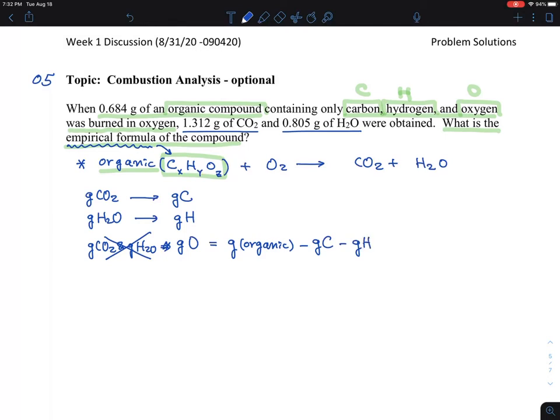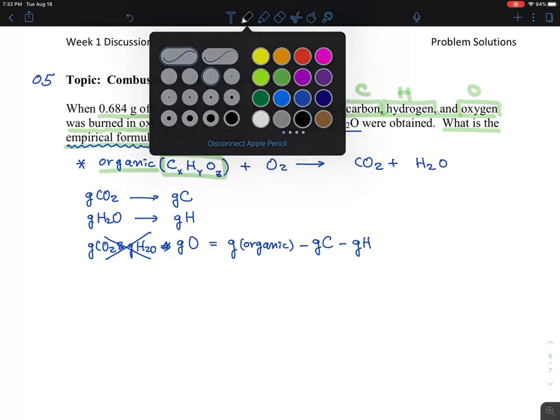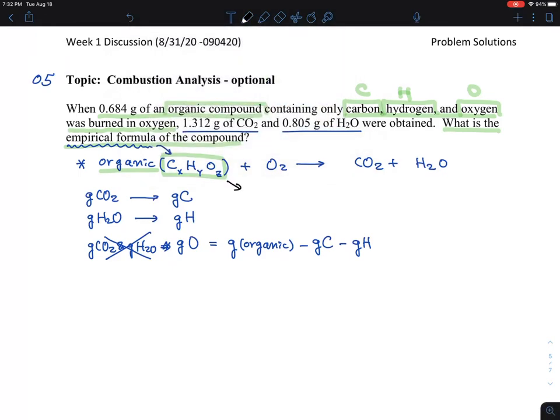The reason is because by the definition here, let me show you the color. So what I call the grams of organic, which is shown up here, 0.684 gram, that's for sure.